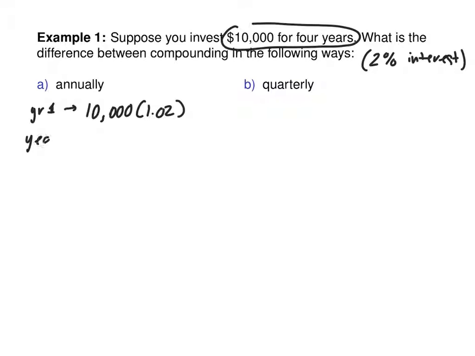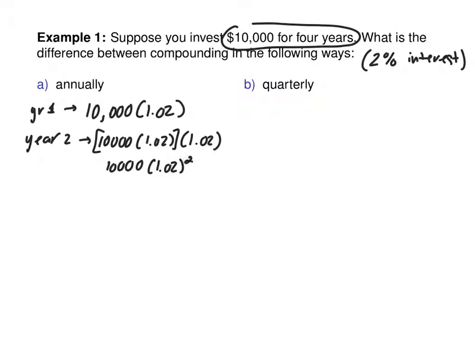How would I figure out how much at the end of year 2? I'd take that number and multiply it by 1.02 again, right? So I had this much money, 10,000 times 1.02, and I earned 2% again, so times another 1.02, right? So that's 10,000 times 1.02 to the second, right?